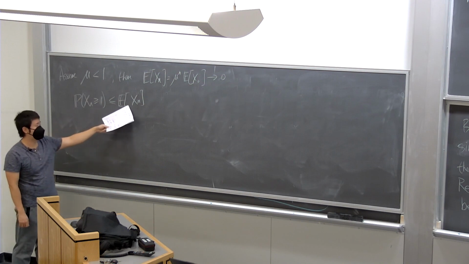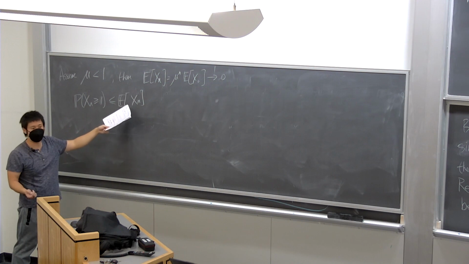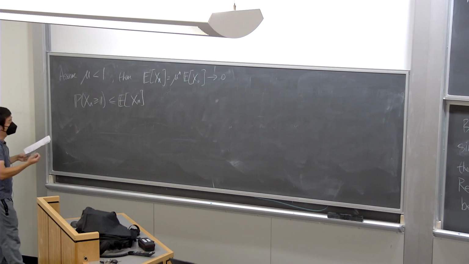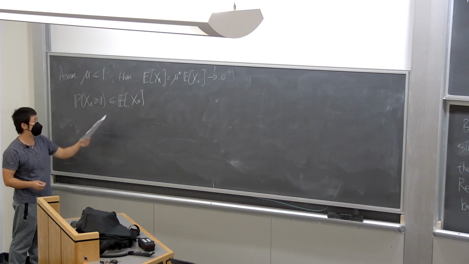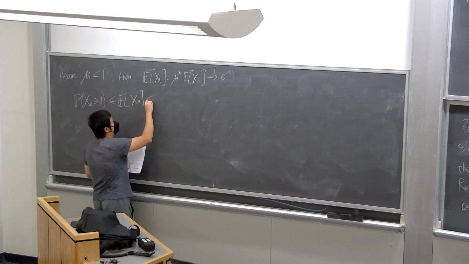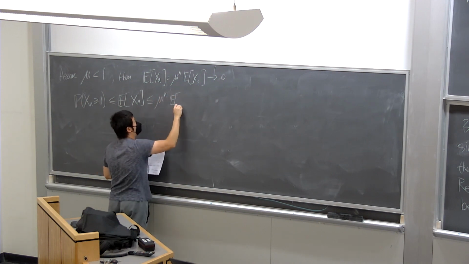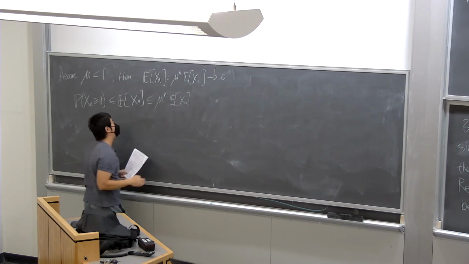This probability is bounded by the expectation of x_n. You can think of this as Markov's inequality: because x_n takes values in the non-negative integers, the probability that it is greater than or equal to 1 has to be less than its expectation. This is less than or equal to mu to the n times some fixed constant.